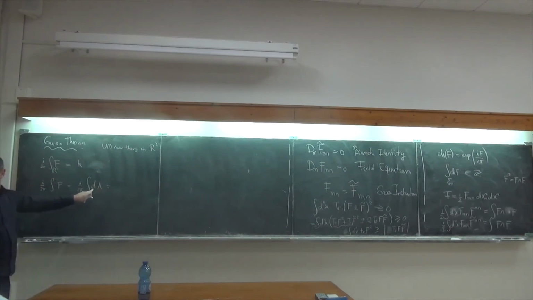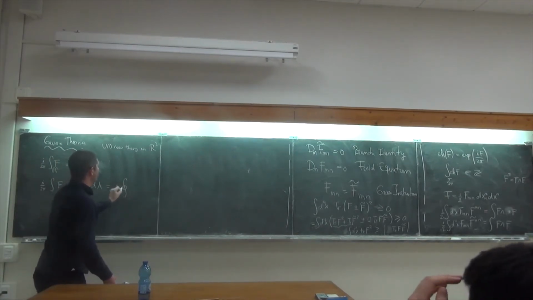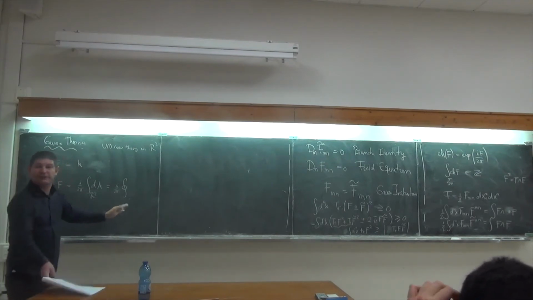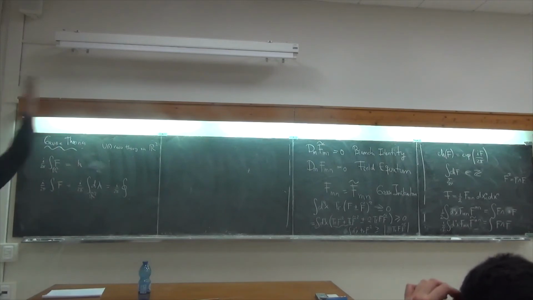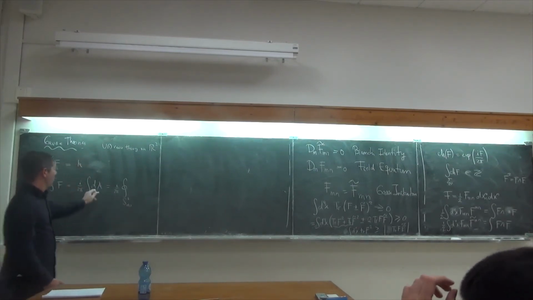This is a total derivative, so I can write this as the integral over the boundary of R2. What is the boundary of R2? It's a circle. The circle at infinity of A.